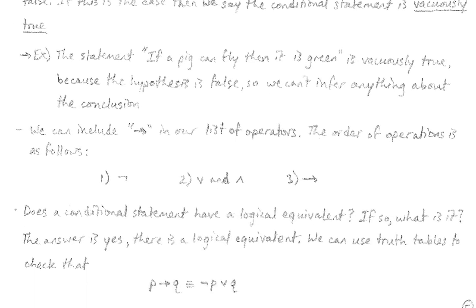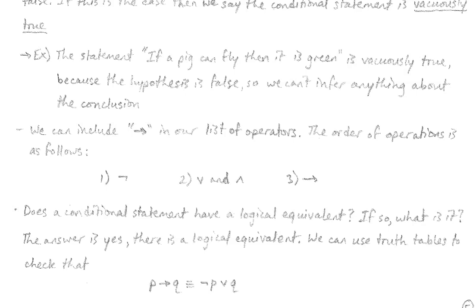Does a conditional statement have a logical equivalent that does not involve an implication? Is there some logical equivalent to P implies Q that does not involve a rightward pointing arrow? It does.